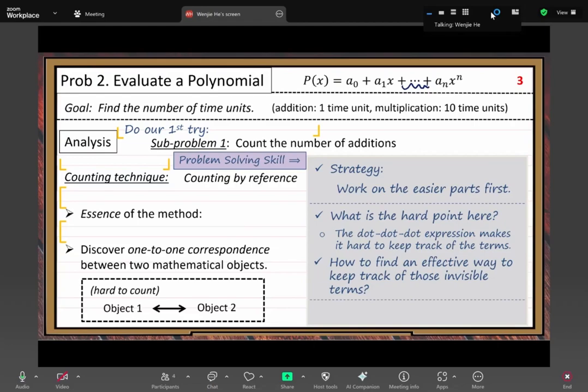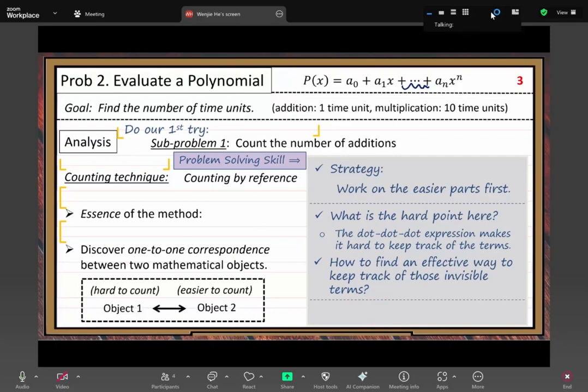But because of the one-to-one correspondence, now we switch our counting. We count the number of objects of type object 2, and we find it is much easier to count.